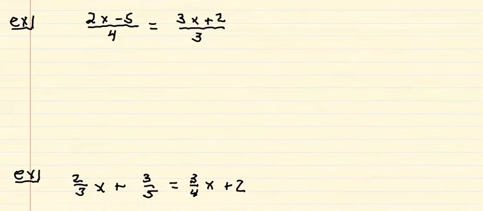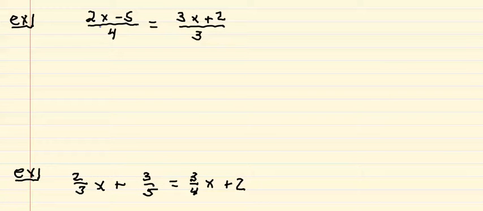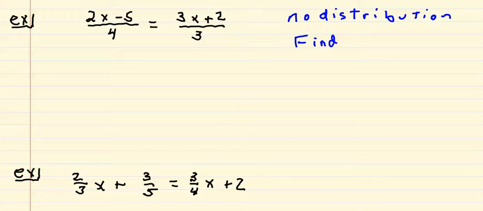The first example here, 2x minus 5 over 4 equals 3x plus 2 over 3. No distribution. So we find the least common denominator. What is the least common denominator? In this case, it's 12.